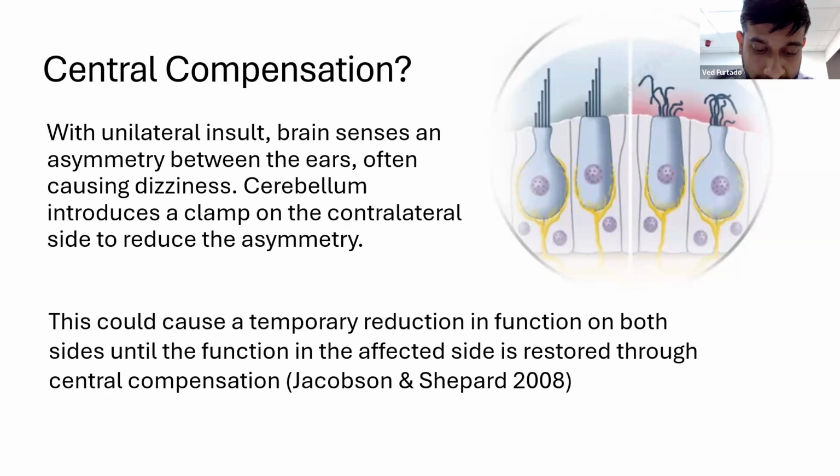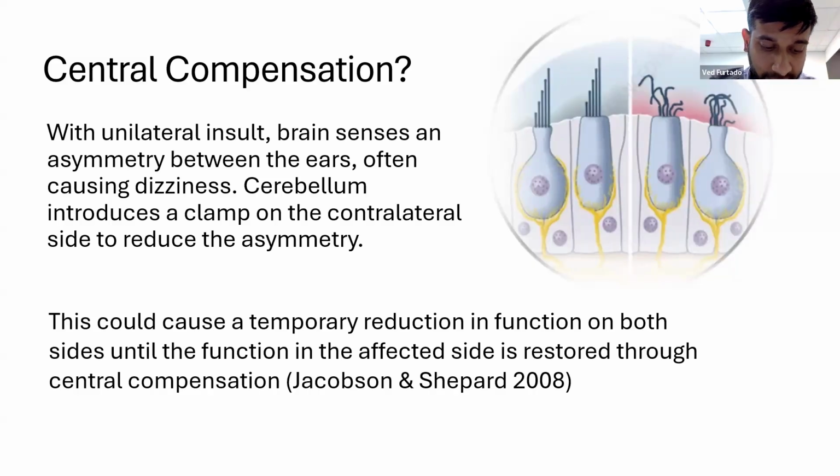So during this clamping stage, we could see reduced function on both sides during testing. Now, literature suggests that if function is reduced significantly on the affected side after unilateral insult, the clamp on the good side could be particularly strong, but should resolve quickly.